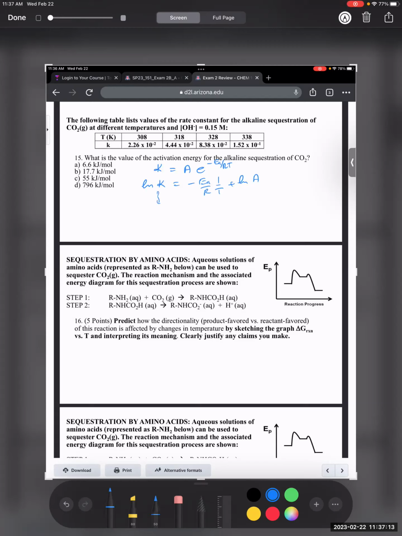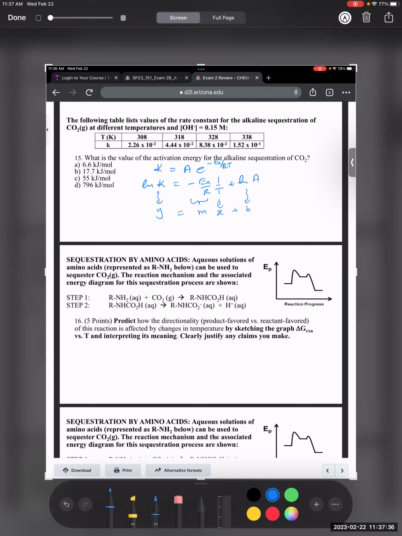If you plot ln k on the y-axis and 1 over T on the x-axis, the slope of the graph is equal to minus activation energy over R, and the y-intercept is the natural log of the Arrhenius constant. All right, so I'm going to plot this and see what we get.